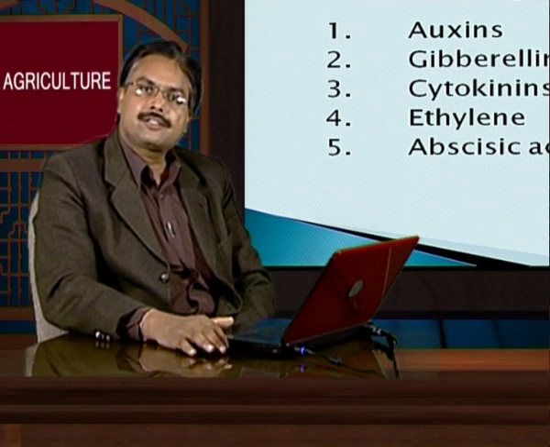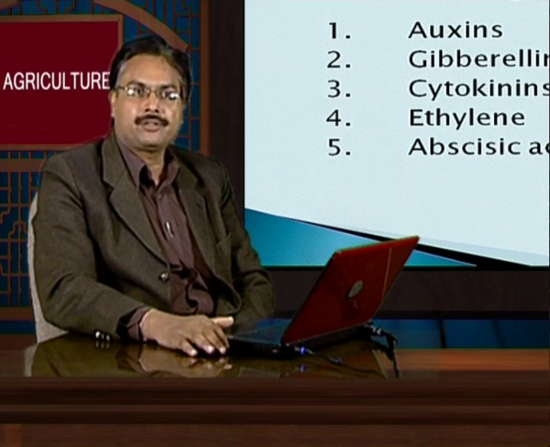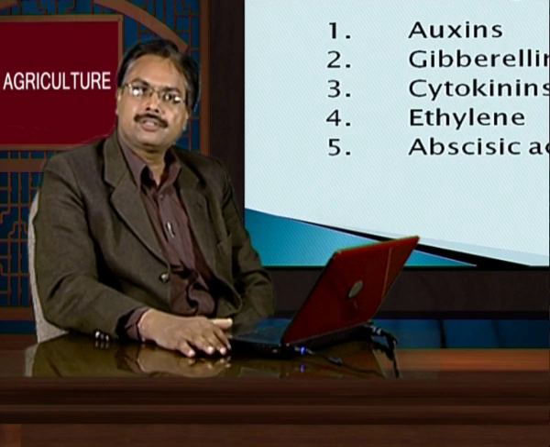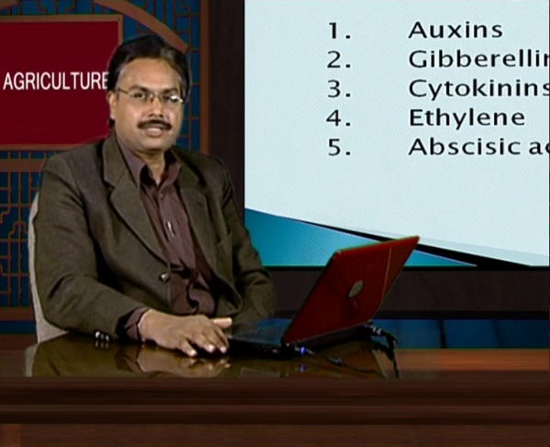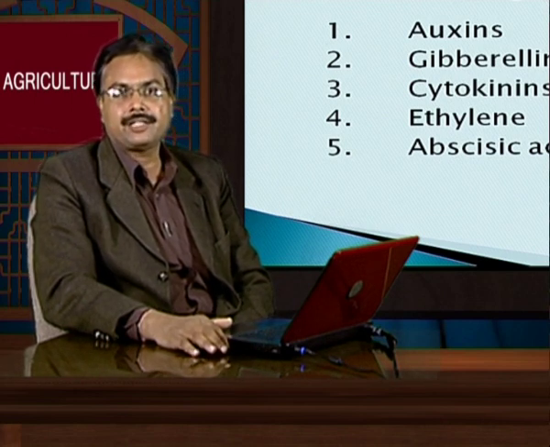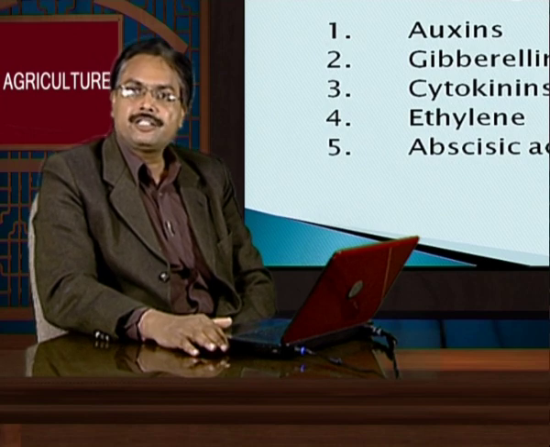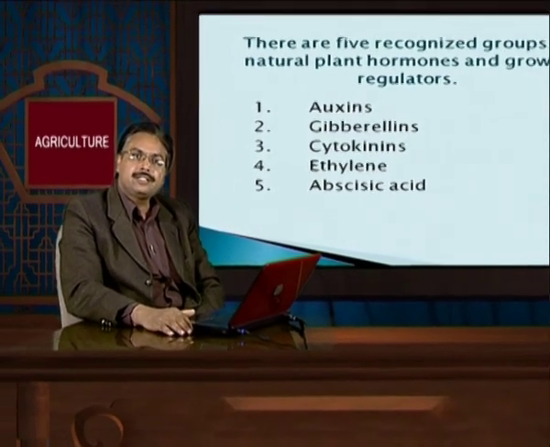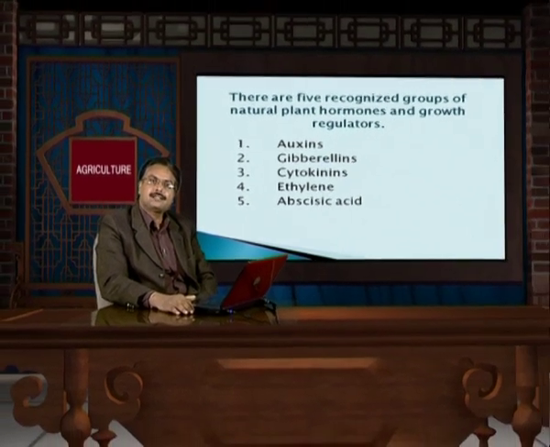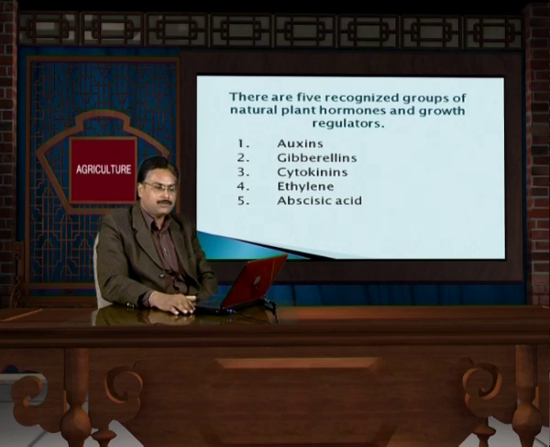Ethylene is called a ripening hormone, because the ripening of fruits is controlled by the presence of ethylene. Abscisic acid has been categorized as a stress hormone, meaning the accumulation of abscisic acid increases when plants are under adverse conditions. In that case, the accumulation of auxins, gibberellins and cytokinins decreases.